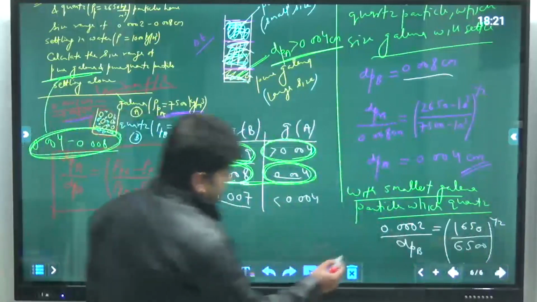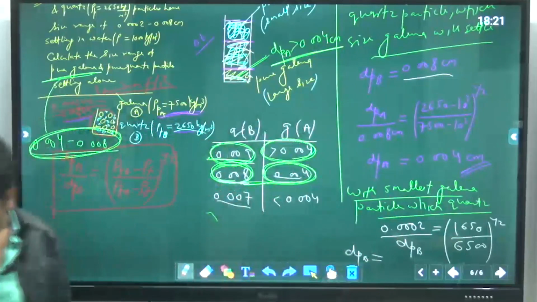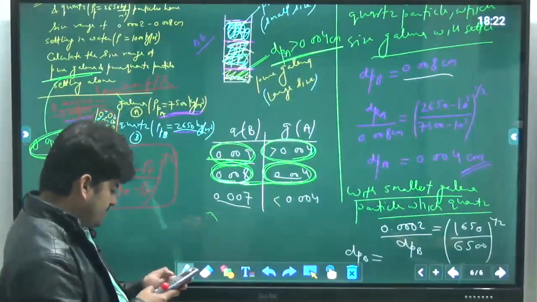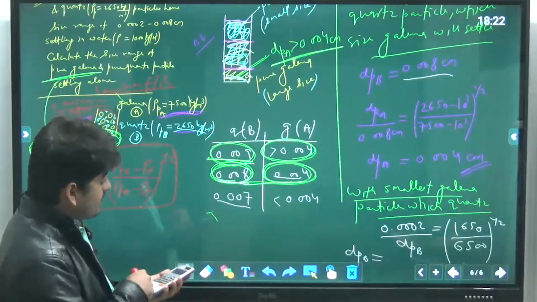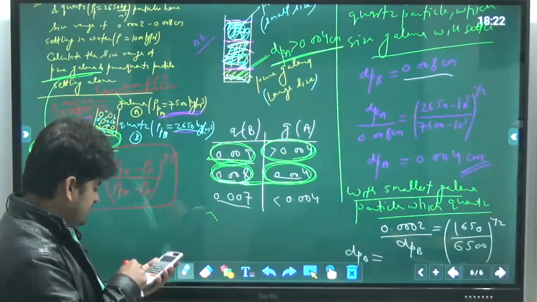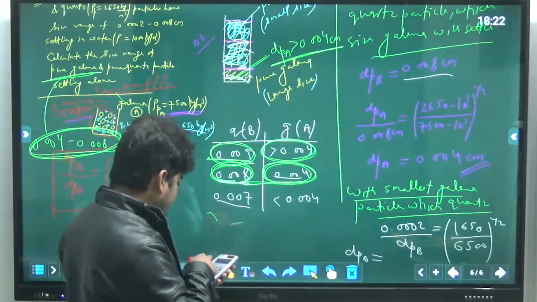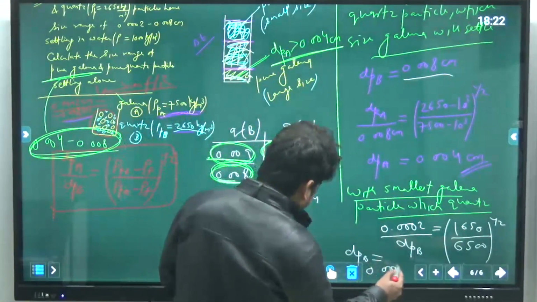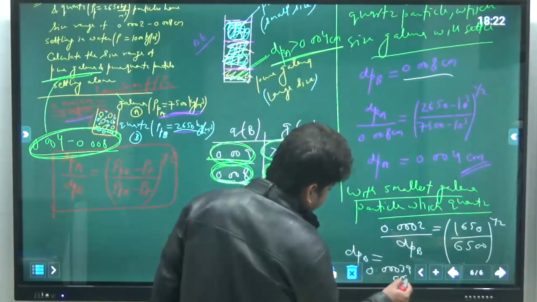So from here you will see dPb is equal to 0.00039.